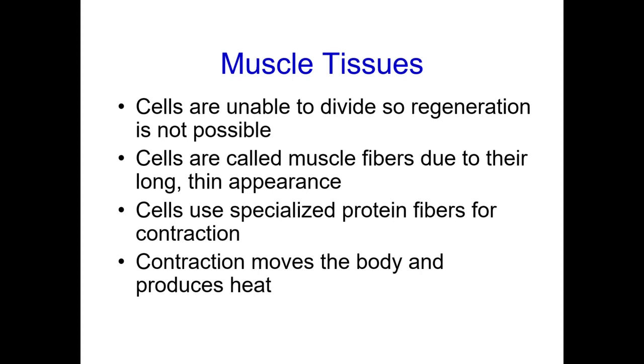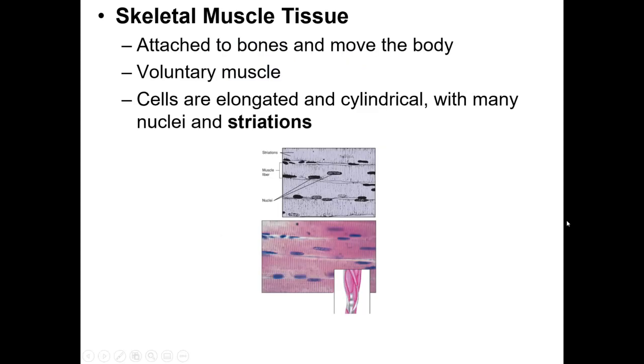They have specialized protein fibers that allow them to contract. And this contraction moves the body and produces heat. There are 3 types. There are skeletal, cardiac, and smooth.